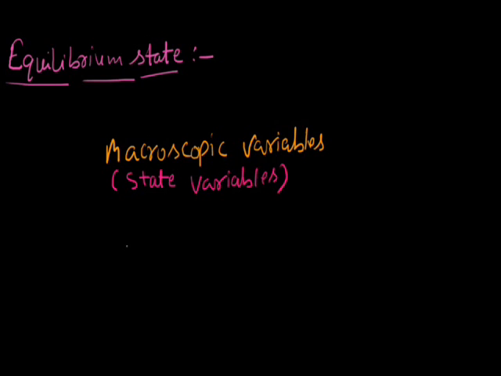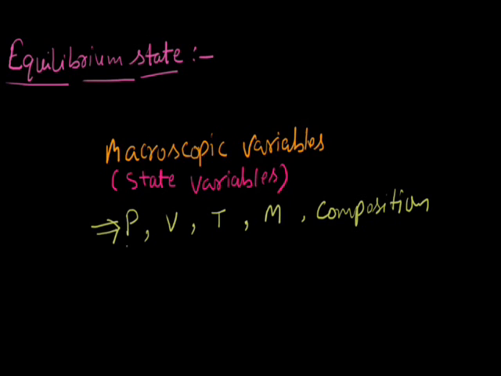These state variables are pressure, volume, temperature, mass, and if it is a mixture of gases, then composition. Okay, if the mixture, then composition.